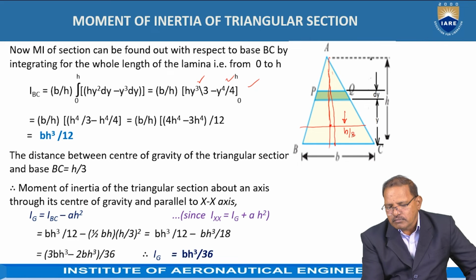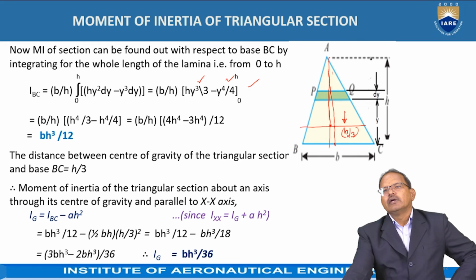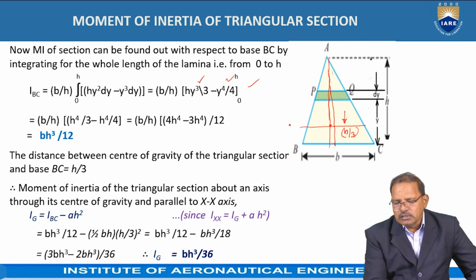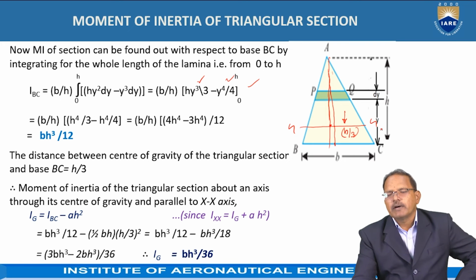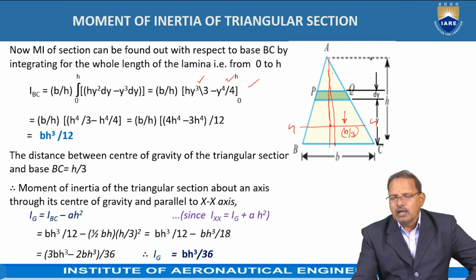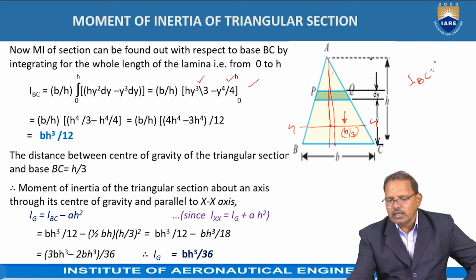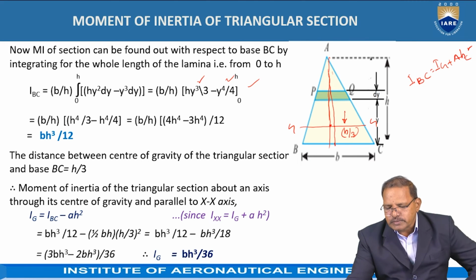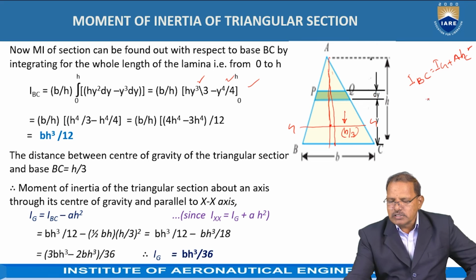If GG is the line passing through the centroid and BC is the base, then IBC is equal to IG plus area multiplied by hc square, where hc represents the position of the centroid with respect to the base, which is IG plus A into h by 3 whole square.